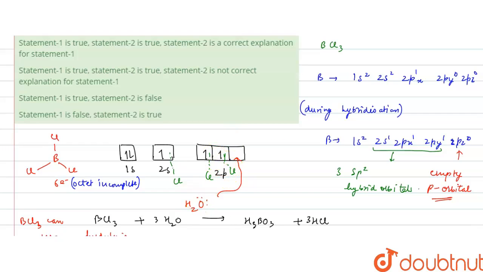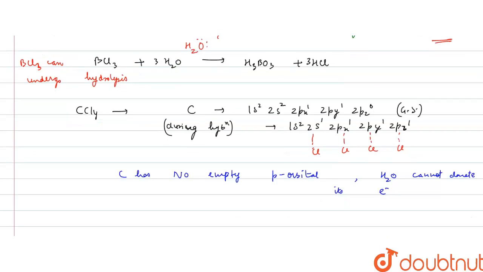But in the case of carbon tetrachloride, CCl4, its octet is complete. So it will not accept the electrons, and it has no empty d orbitals which can accept the electrons. Therefore, it will not undergo hydrolysis.